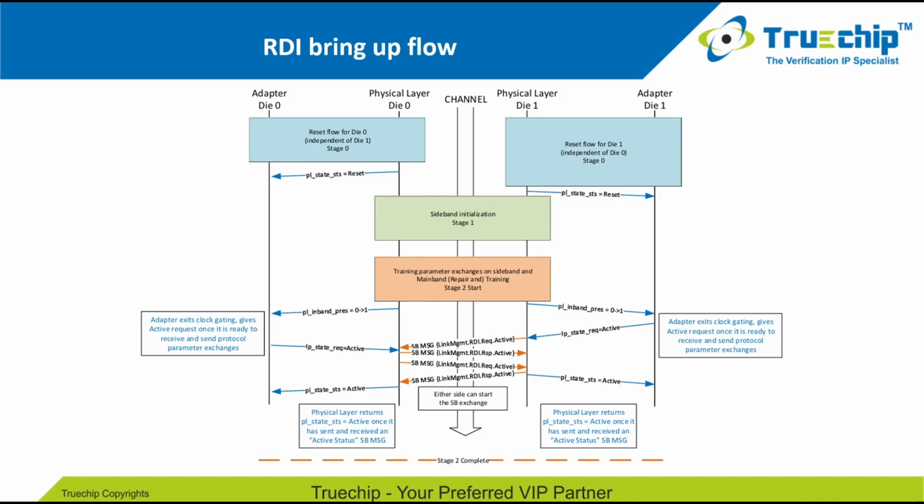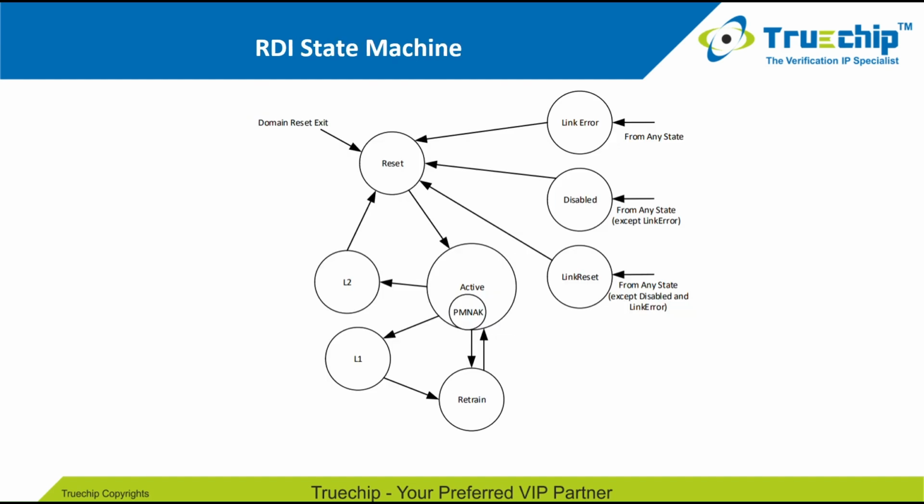The PHY and adapter use sideband messages, like you can see here, link MGMT RDI request active. This message is link management: when it sends RDI request active to the next die, then this agrees to move to the active state.